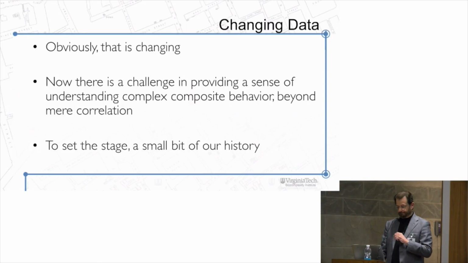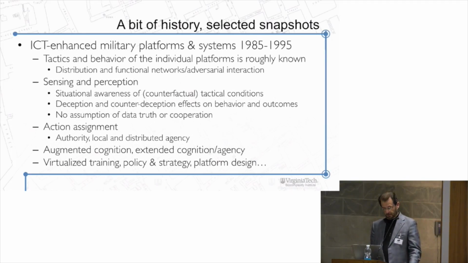So in about 1985 or so, I worked in a variety of military-based systems that were ICT-enhanced military platforms. And so they were aircraft, they were satellite systems, distributed satellite observation systems, building space-based retina kind of systems.